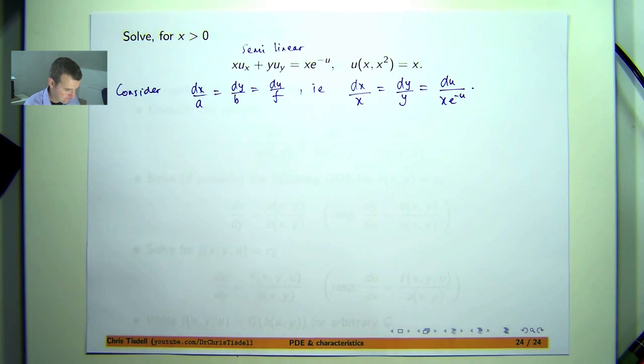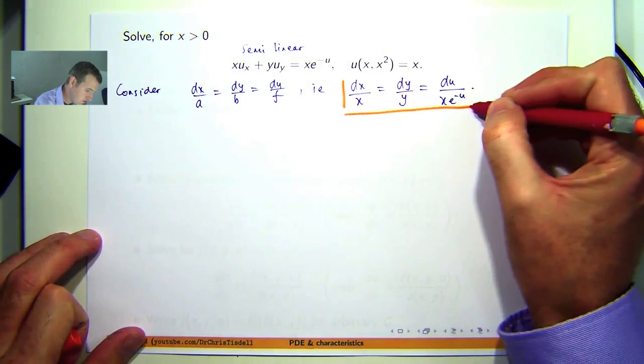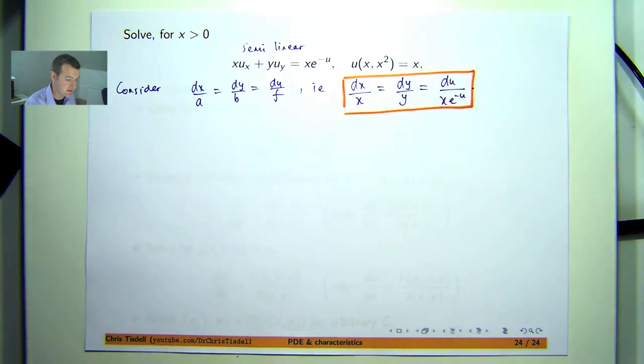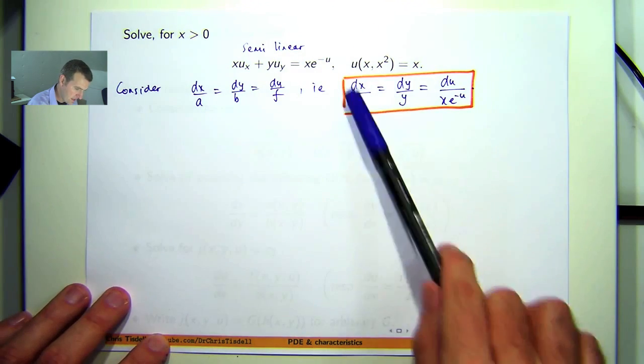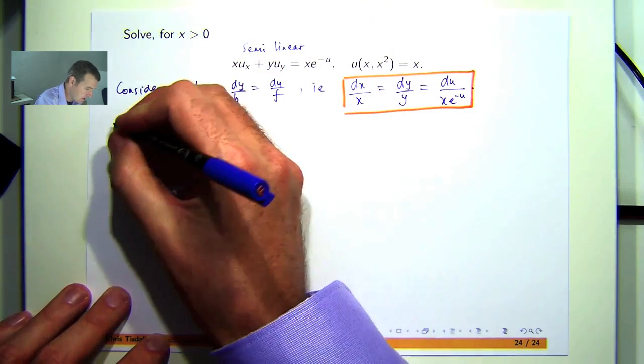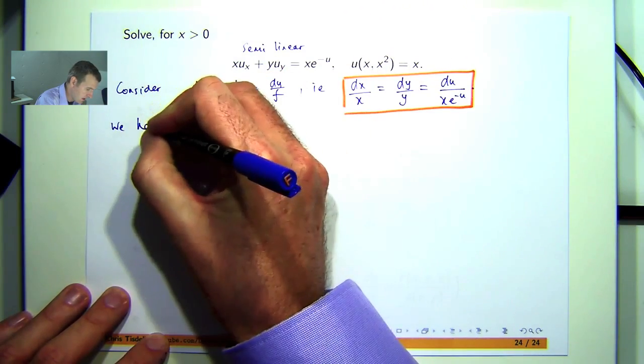So what we need to do is form 2 ordinary differential equations, ODEs, out of this set of equations. Let's form a dy dx type derivative out of this.